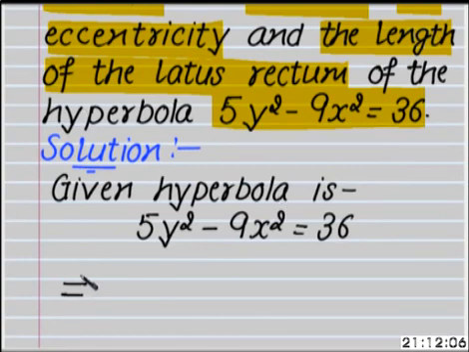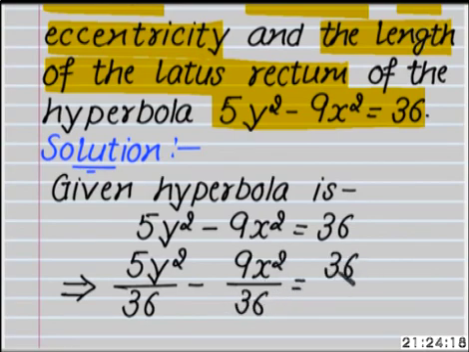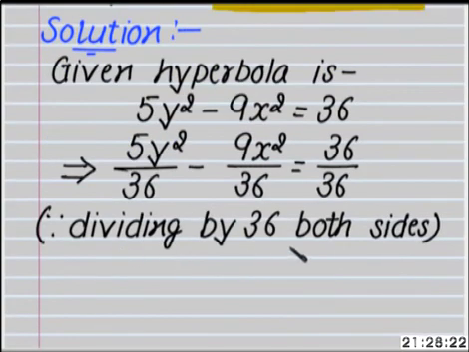We can write it as 5y² upon 36 minus 9x² upon 36 equal to 36 upon 36, that we get by dividing both the sides by 36.